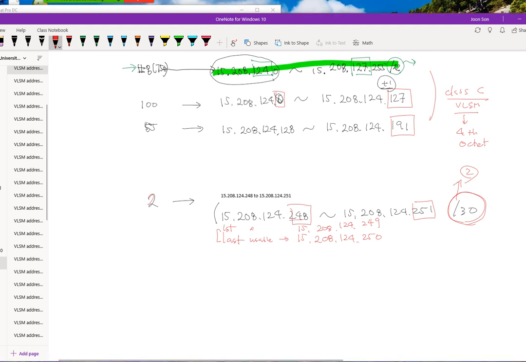And of course this is a network address and this is a broadcast address. The same thing for any block: a network address, a broadcast address, and then first usable and last usable. So with the block size of 30, you can only have 2 usable host IP addresses.